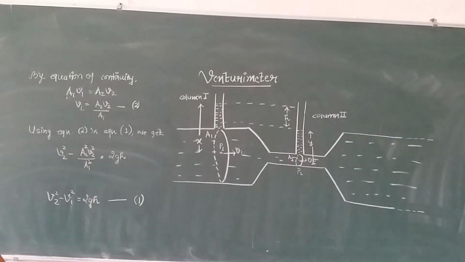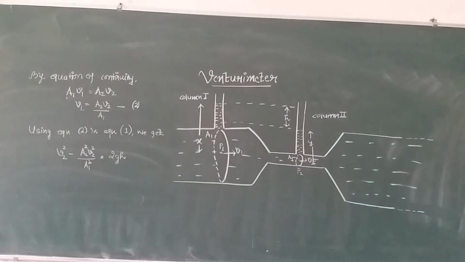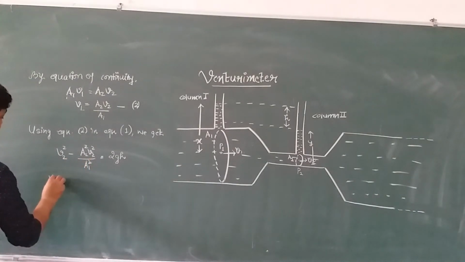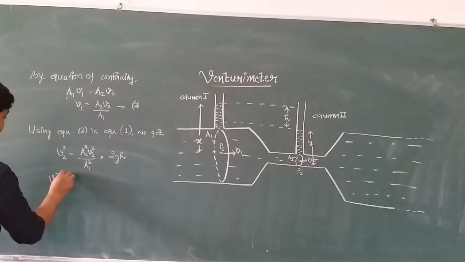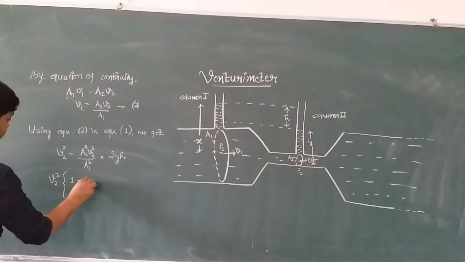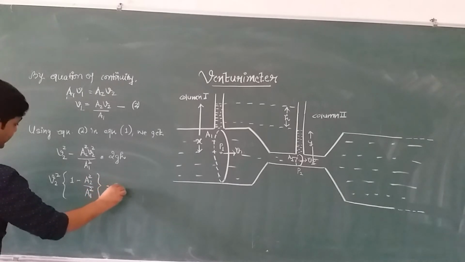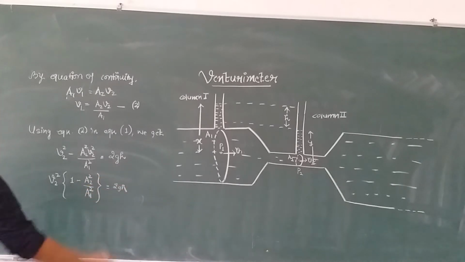Fine. Now V2 can be taken out common from here. So V2 square we take out common and we will be left with 1 minus A2 square upon A1 square is equal to 2gh. ठीक है?